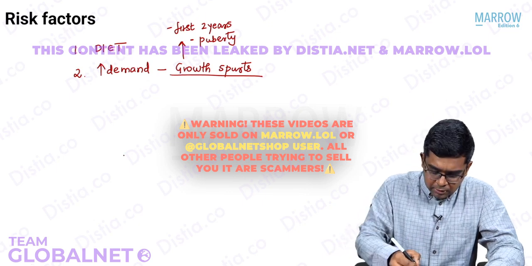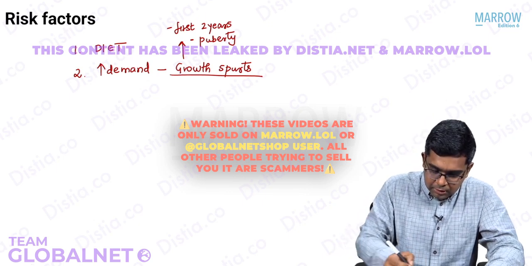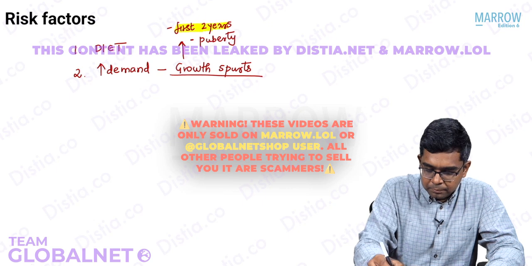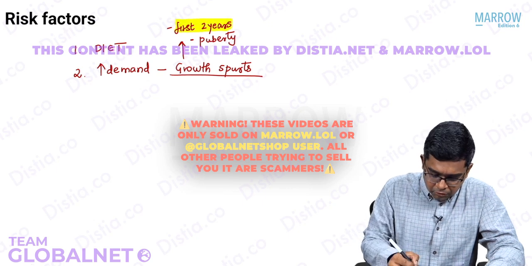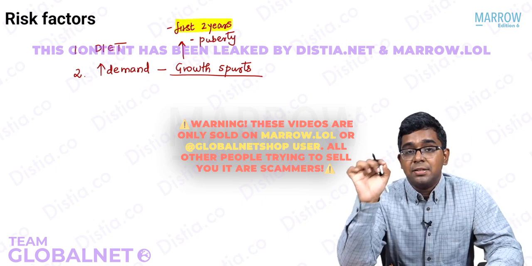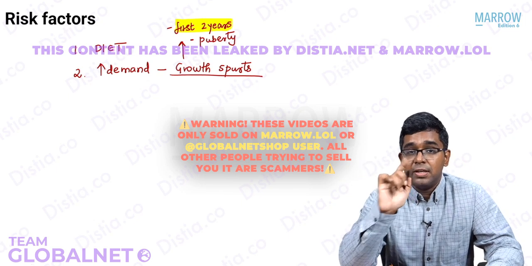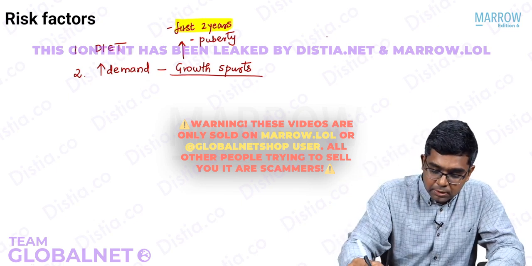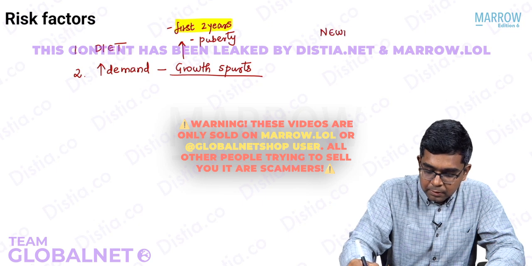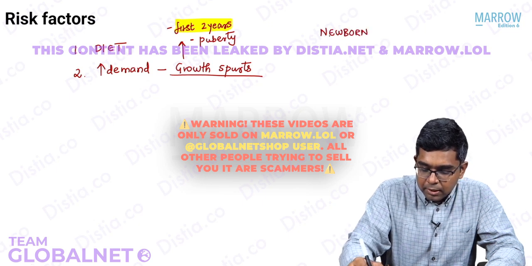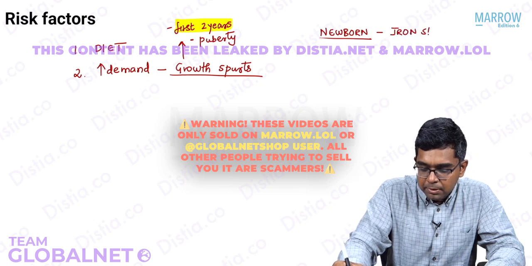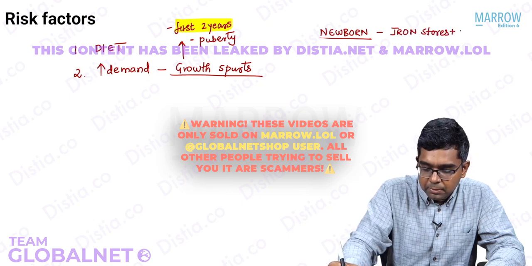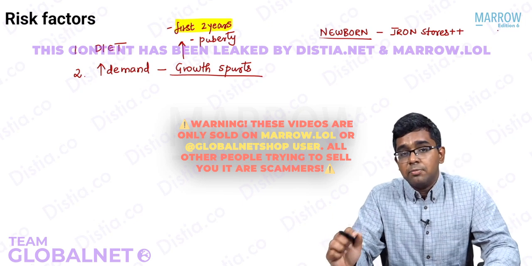Now a specific point about the first 2 years. It is not from birth onwards that a child is at risk of developing iron deficiency anemia. Very, very important point. Why? Because a newborn baby has a good amount of iron stores which the baby has acquired from the mother during the last trimester of pregnancy.